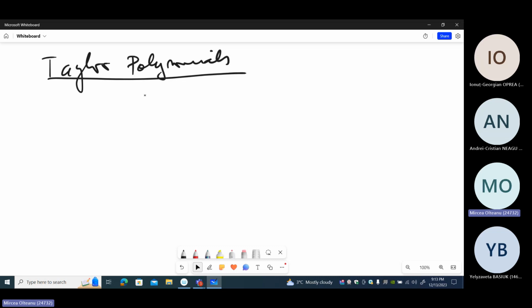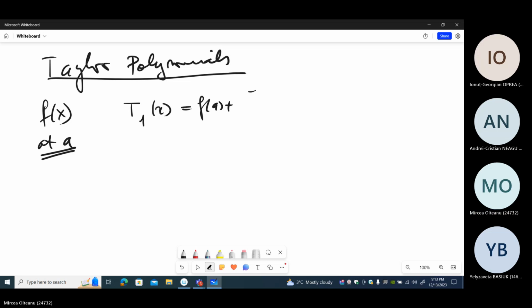Now, Taylor polynomials for functions of one single variable were like this. For instance, if f is a function of one single variable, the Taylor polynomial of the first degree at some point a was like this. It's f of a plus f prime of a over 1 factorial times x minus a.